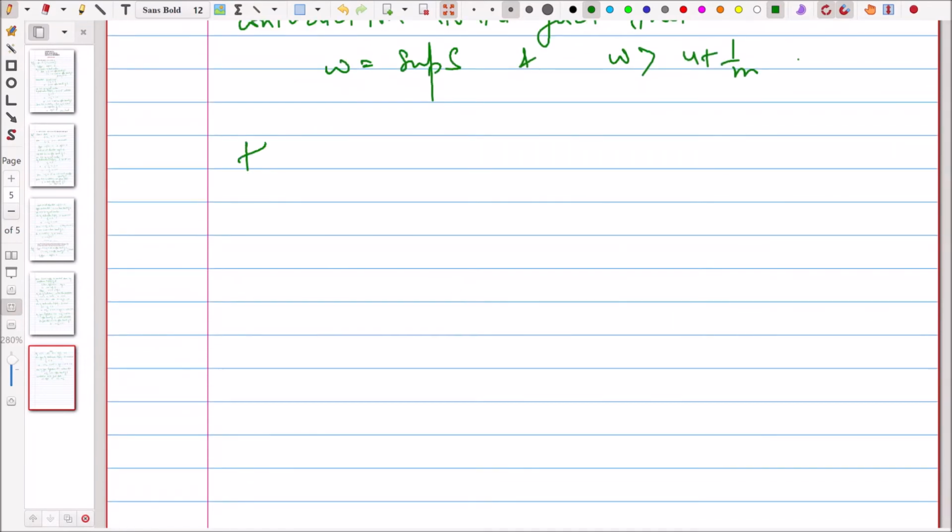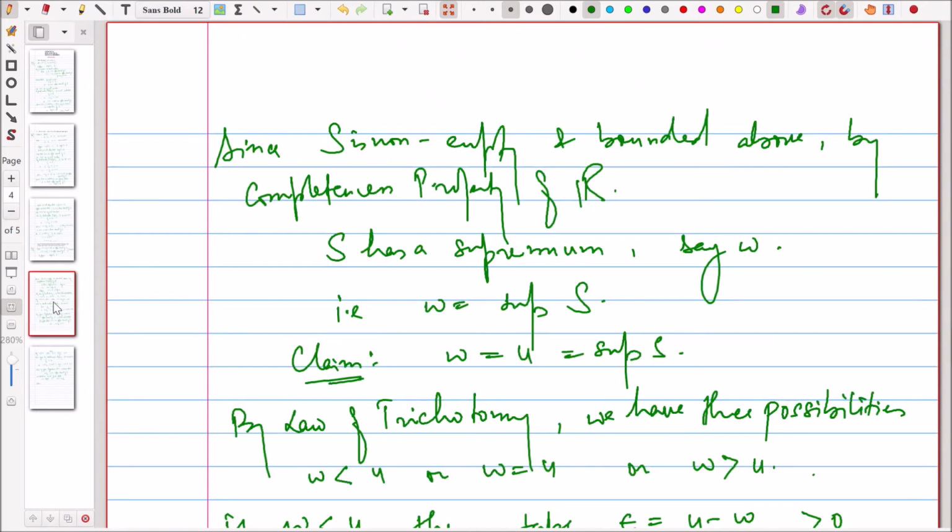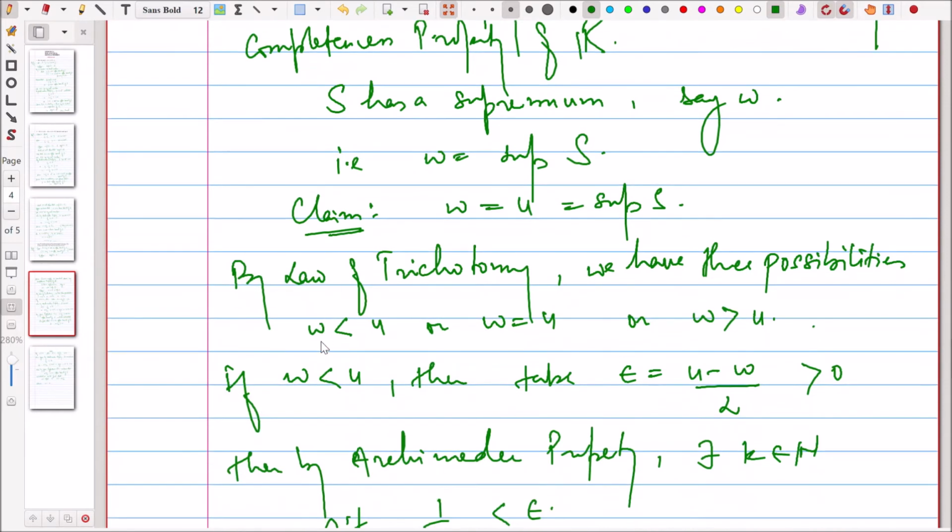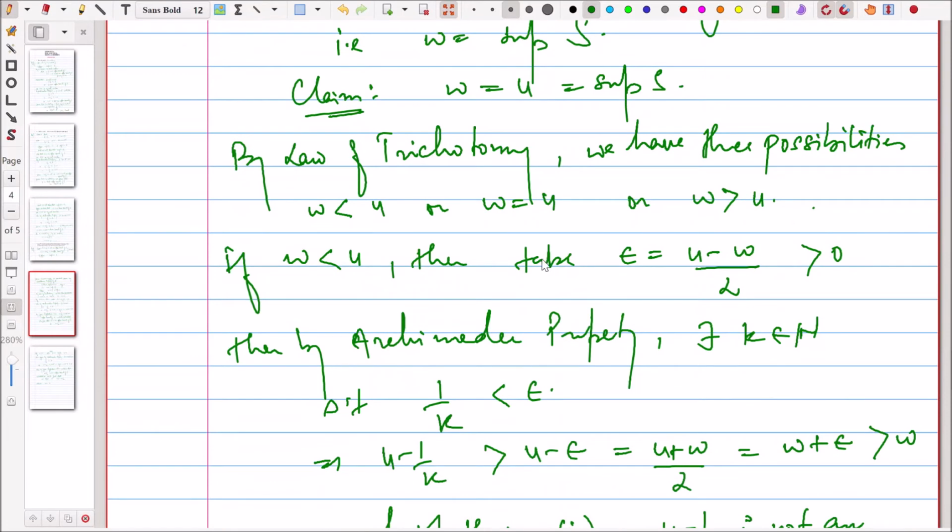Hence the only possibility is that w is equal to u, because we have rejected the two cases. If we took w less than u, then we arrived at a contradiction. In that case we took epsilon equal to (u minus w) by 2.